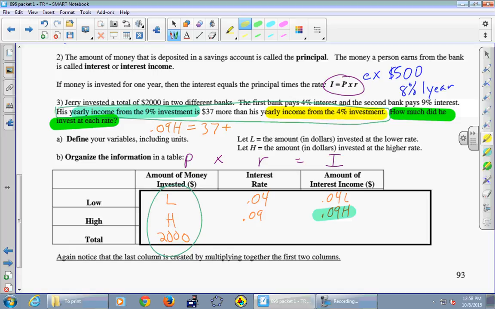It's in the table. What is it? It's this 0.04L. That's the equation. It's about as hard as it gets. But if you take it in bite-sized pieces, I think it becomes more manageable.